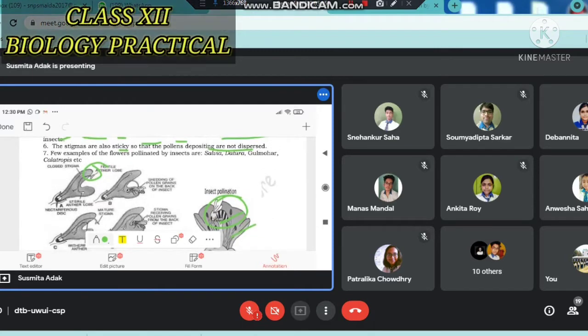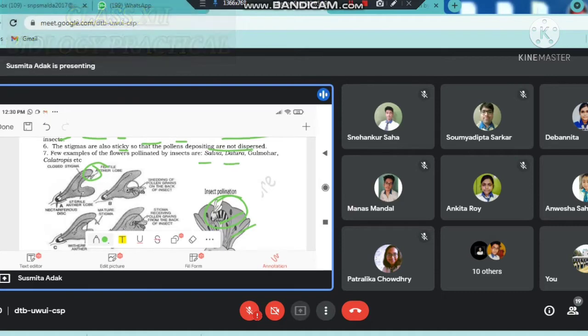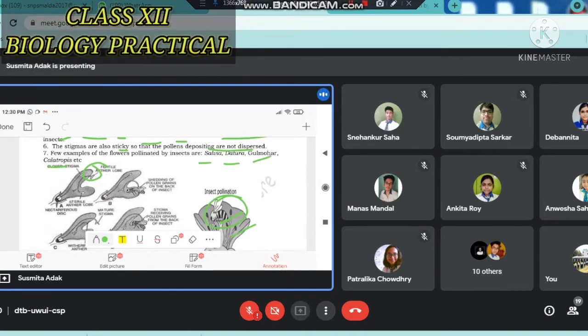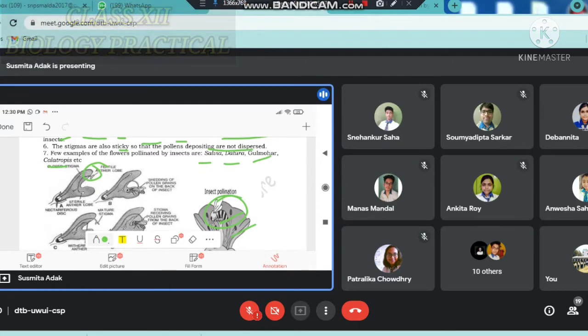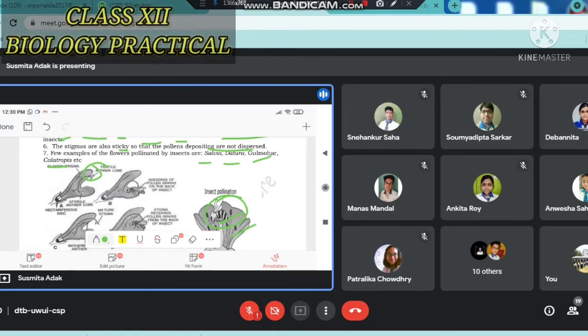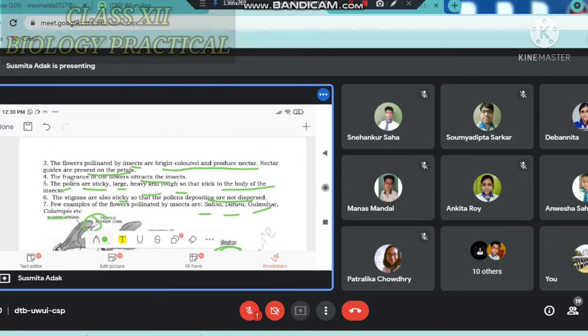A few examples of flowers pollinated by insects are salvia, datura, gulmohar, calotropis, etc. Datura is a very common flower. So in the exam you can get this flower, and you have to identify which type of pollination will be done by this flower, and write the characteristics.